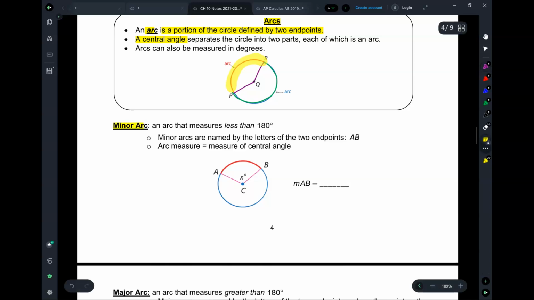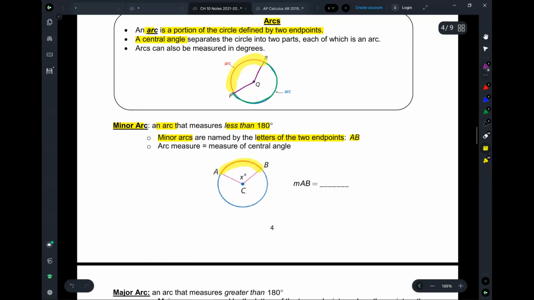So a minor arc is an arc that measures less than 180 degrees. The way we label minor arcs is by the letters of its 2 endpoints. In this case, this arc is clearly less than 180 degrees, and we label it as AB.